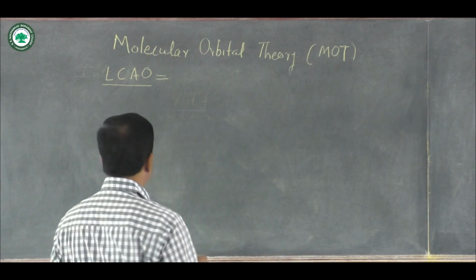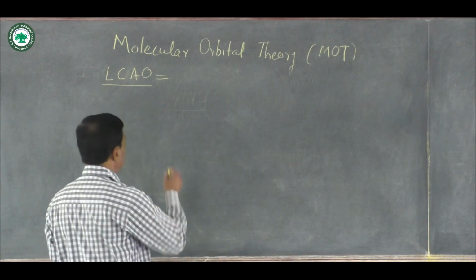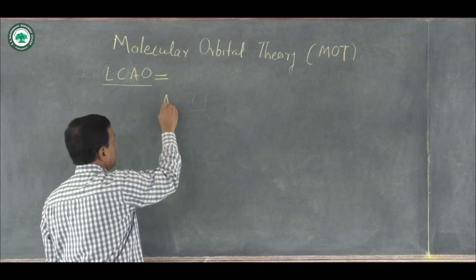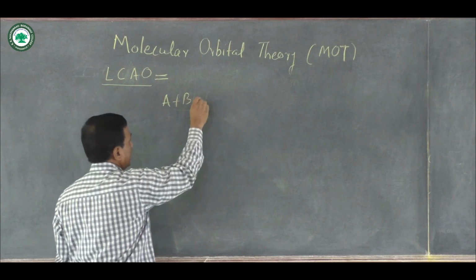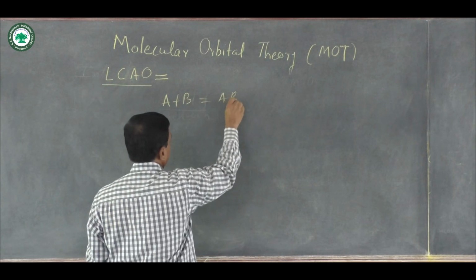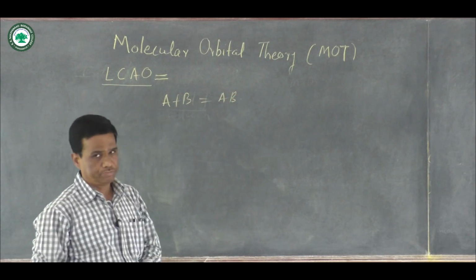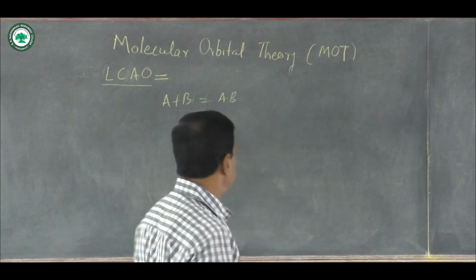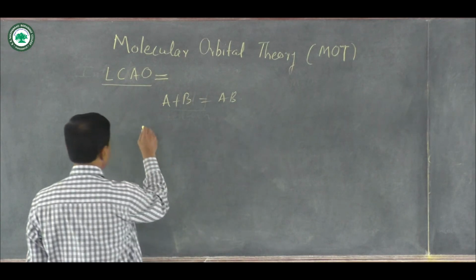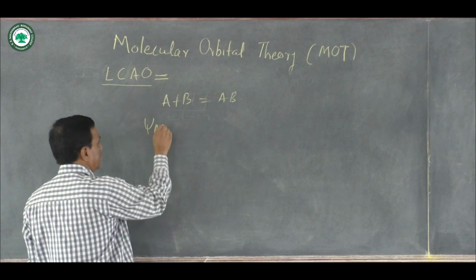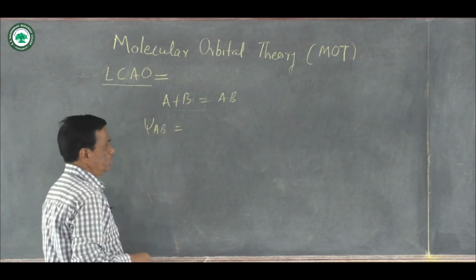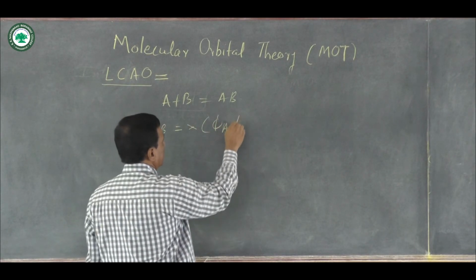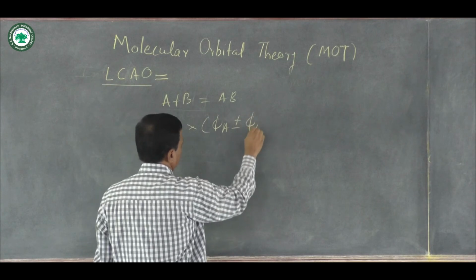Then how does linear combination of atomic orbitals take place? Suppose atom A combines with B and there is a formation of AB molecule. Then for AB molecule, wave function is represented as psi AB is equal to lambda into phi A plus minus phi B.